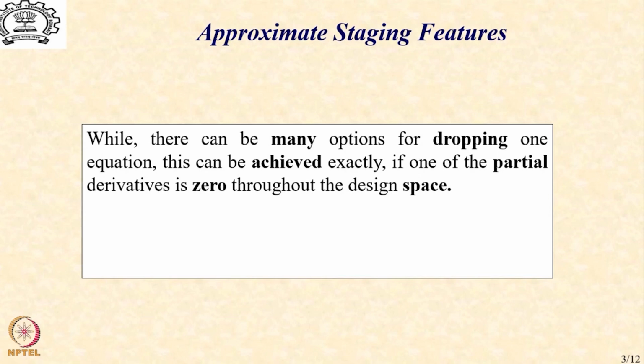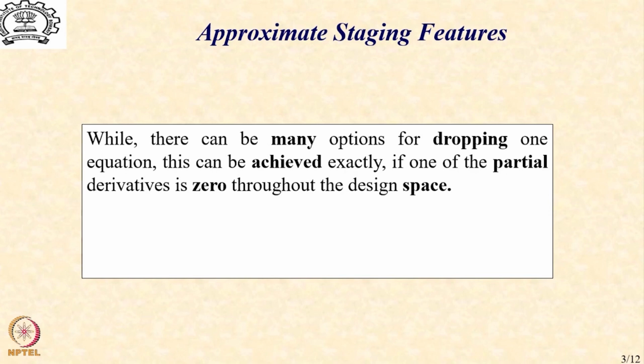Now this is not really very clearly visible at the stage of formulation, but if such a thing happened and we were able to pick that particular partial derivative which was 0 throughout the design space, then that equation is automatically exactly specified and satisfied at all the places.